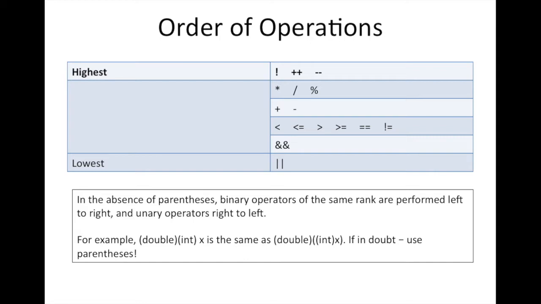In general, all unary operators have higher precedence than binary operators, so unary operators, including not, are applied first. You have to use parentheses if you want to apply not to the entire expression. The rules of precedence for operators are in the table on the screen.